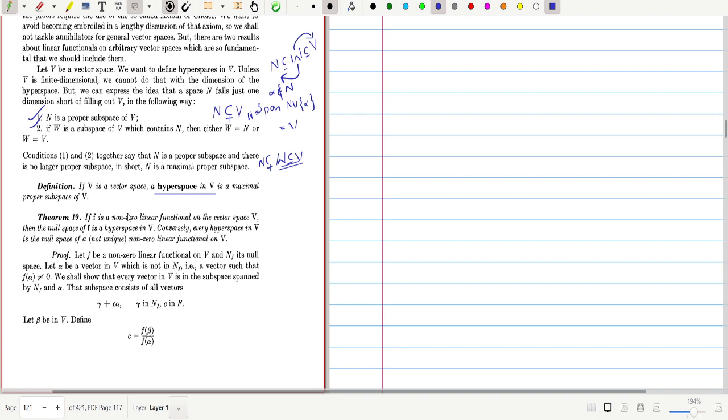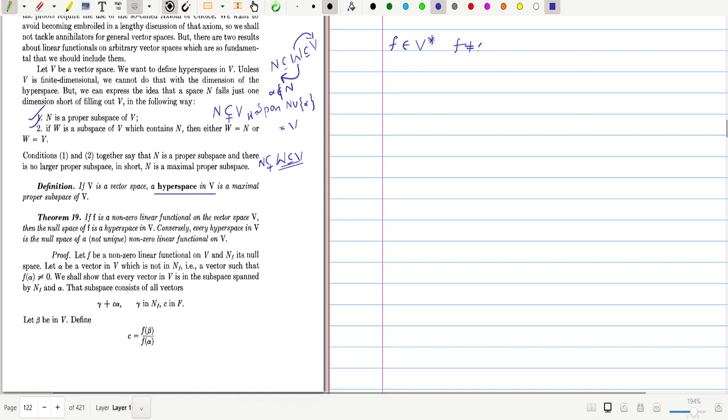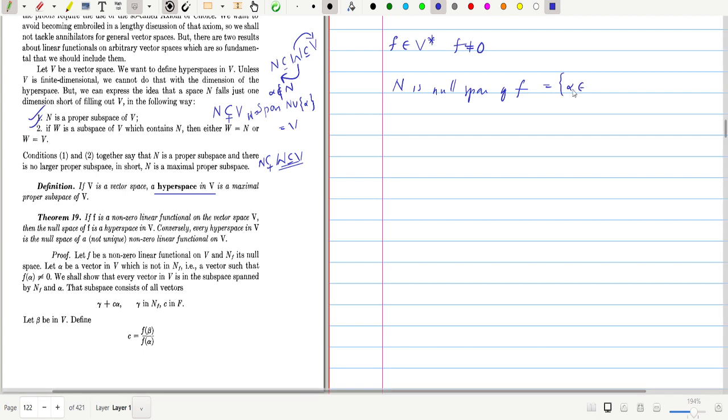So we start with this theorem. Suppose we have a vector space V and f is a non-zero linear functional. So f belongs to V star and f is not equal to 0. We will prove that the null space of f, which consists of all vectors alpha belonging to V such that f of alpha equals 0, is a hyperspace.